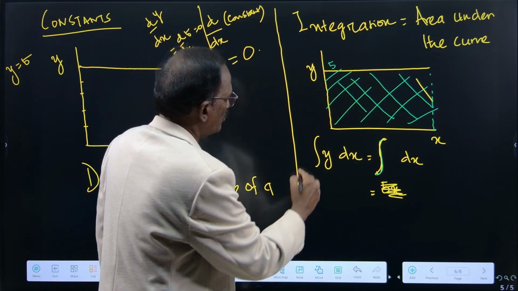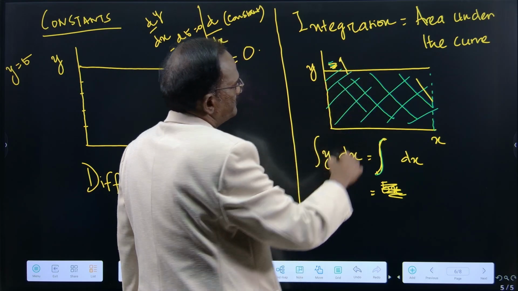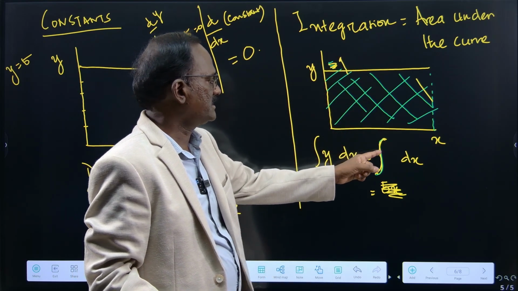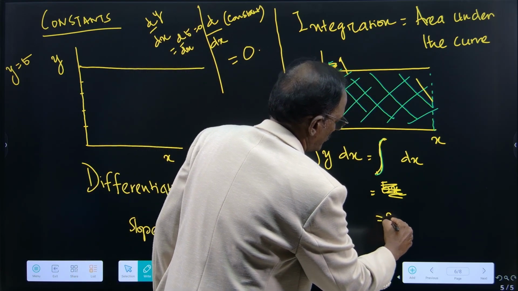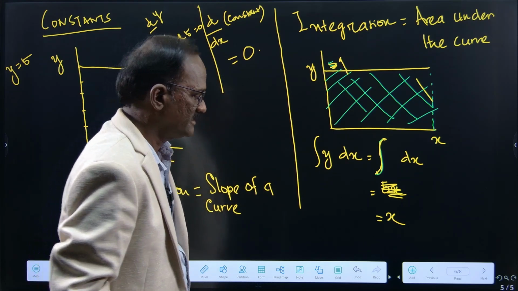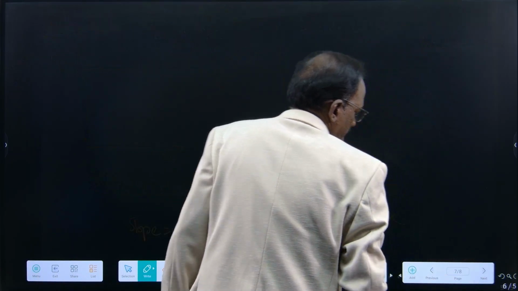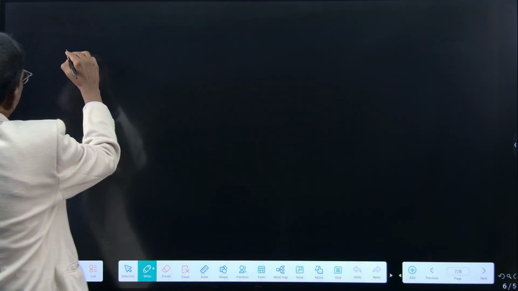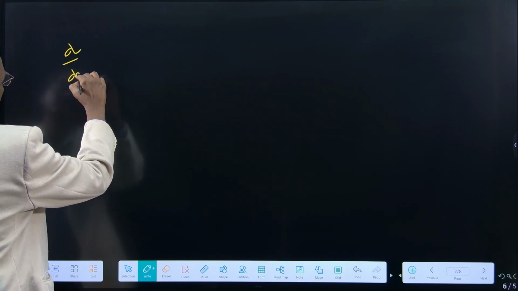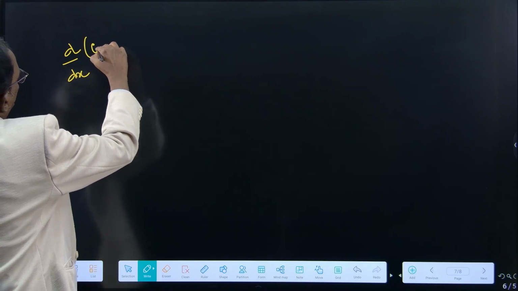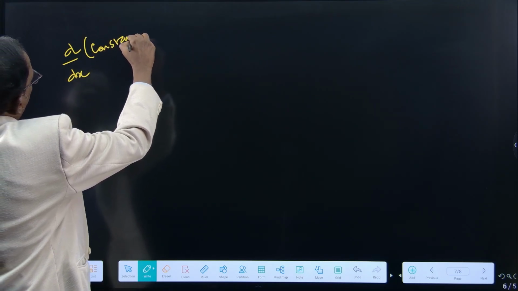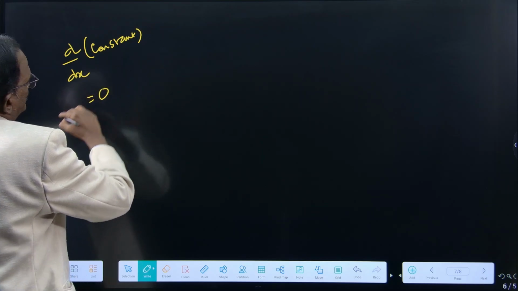If you have y is equal to 1, integral of y dx is equal to integral of 1 dx, so the answer will be x, right? So differentiation of d by dx of any constant is equal to 0.